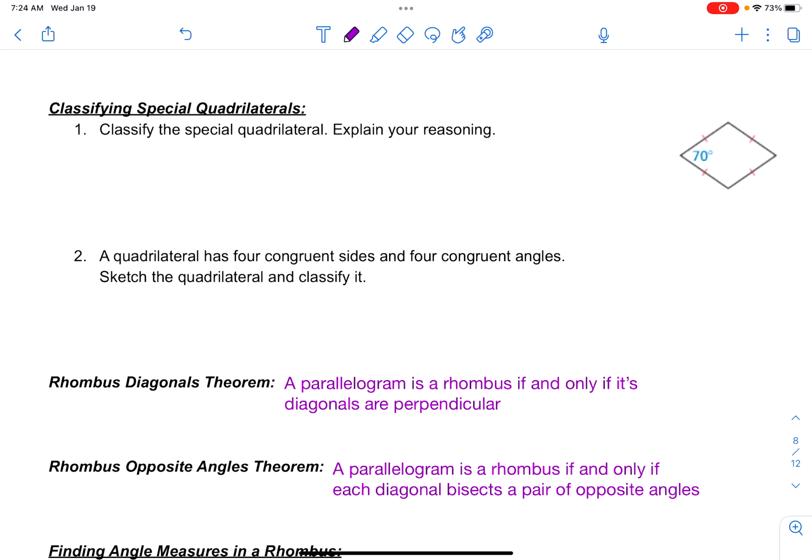The difference is a square also needs to have 4 right angles. This angle right here is not 90 degrees. So for that reason, we can't have 4 right angles. So the only thing that we do have working for us is we have 4 congruent sides. And the only shape that works with that one is a rhombus.